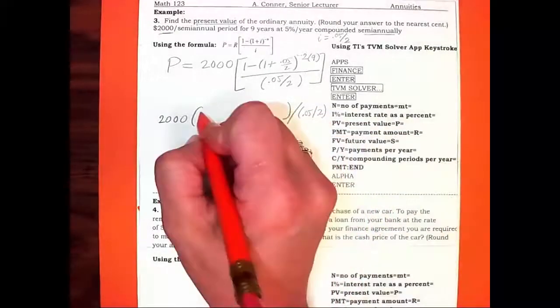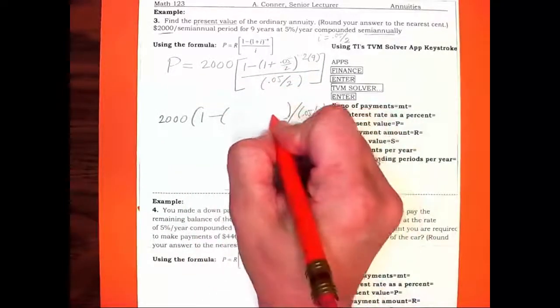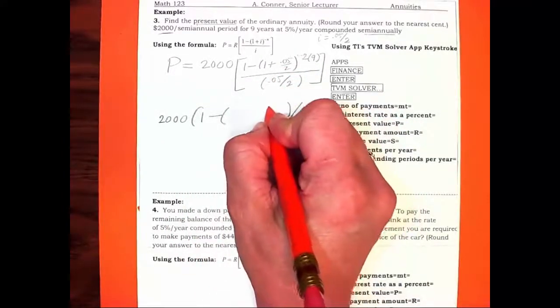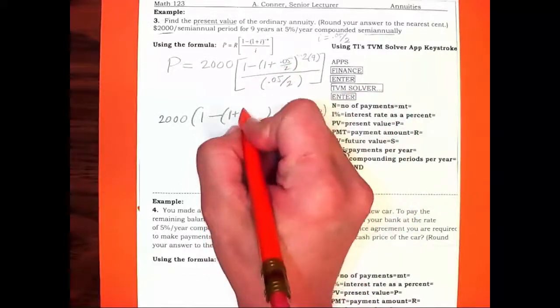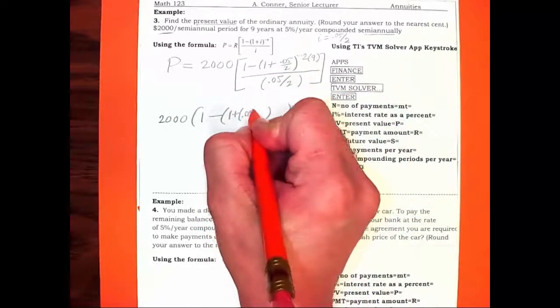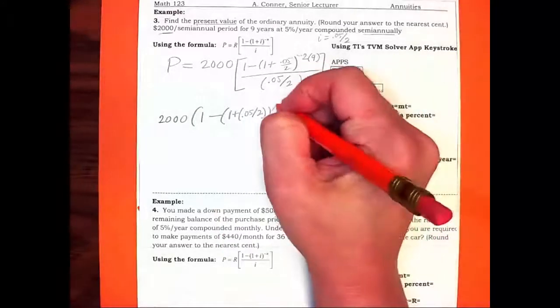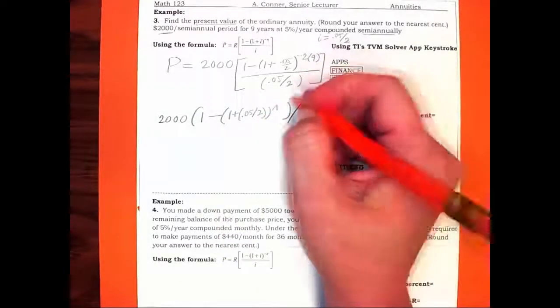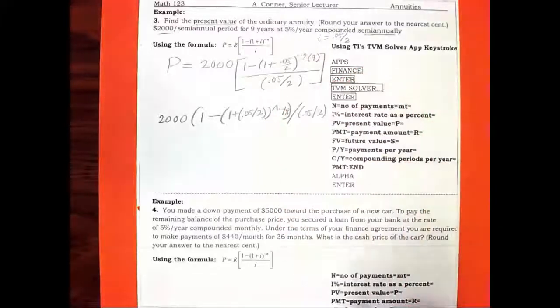So whole numerator in parentheses, but I've also got this stuff that needs to be in parentheses. And within that stuff, I've got a fraction which needs to be in parentheses. And then I need to raise it, and I'm going to go ahead and multiply that out so I don't have to have more parentheses here, to the negative 18. Make sure you get that minus sign in there.